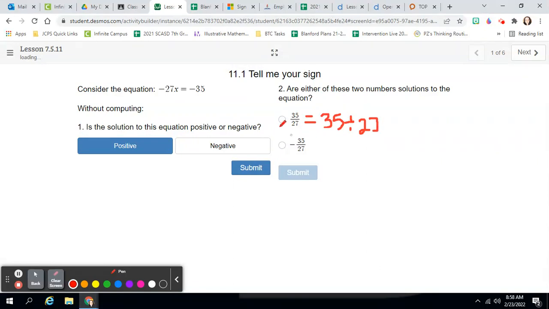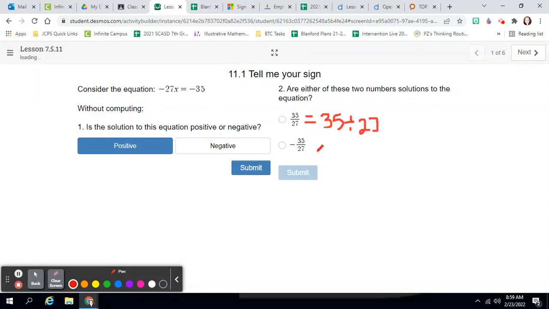That's what we would be calculating here. For this one, we have negative 35 27ths. So again, we have to figure out, will either of these work in this situation?